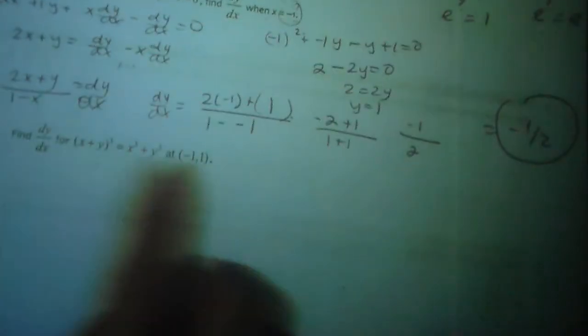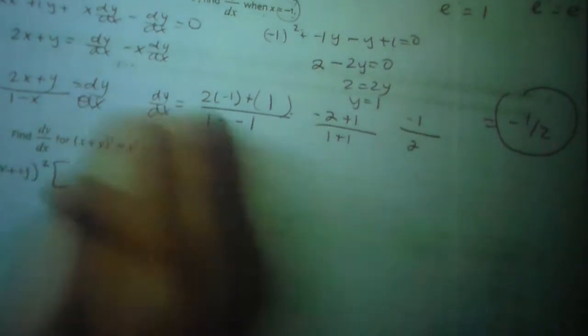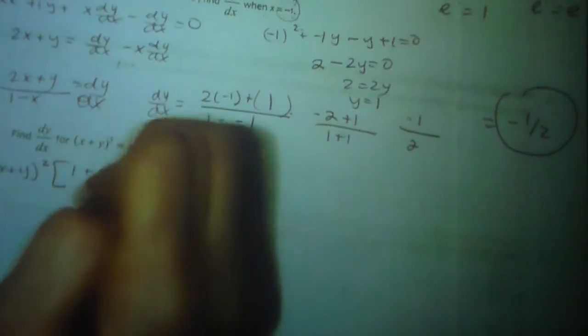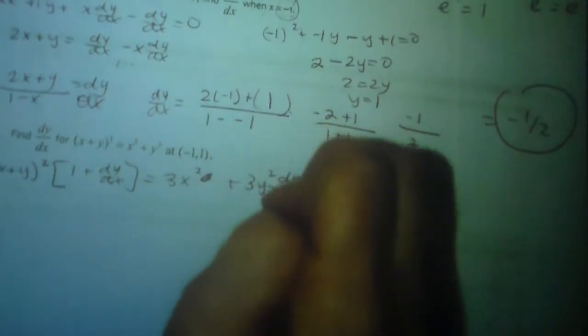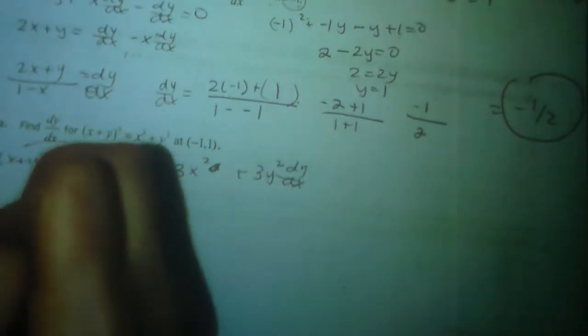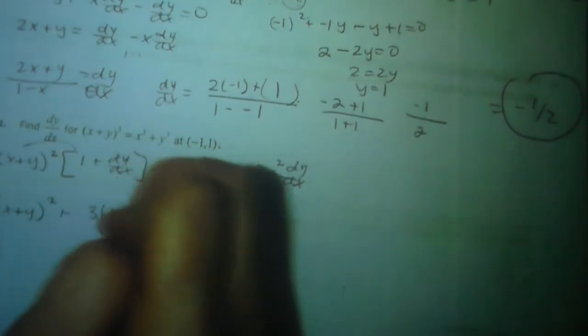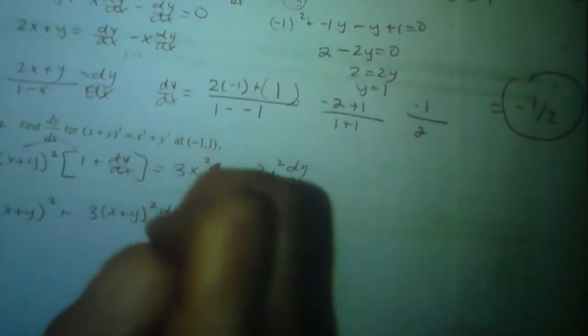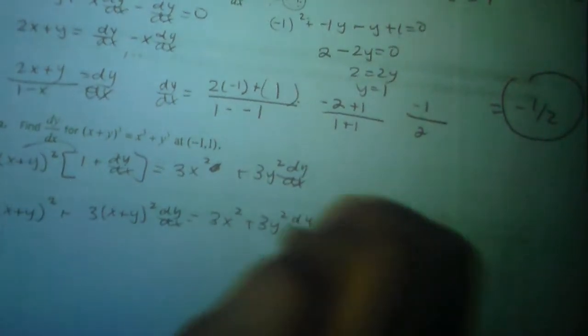Here, I'm going to use my chain rule, so I've got 3x plus y squared, derivative of the inside would be 1 plus dy dx. This would just be 3x squared, don't need it, plus 3y squared dy dx. I'm going to distribute this term, so this is 3x plus y squared times 1 plus 3x plus y squared dy dx equals 3x squared plus 3y squared dy dx.